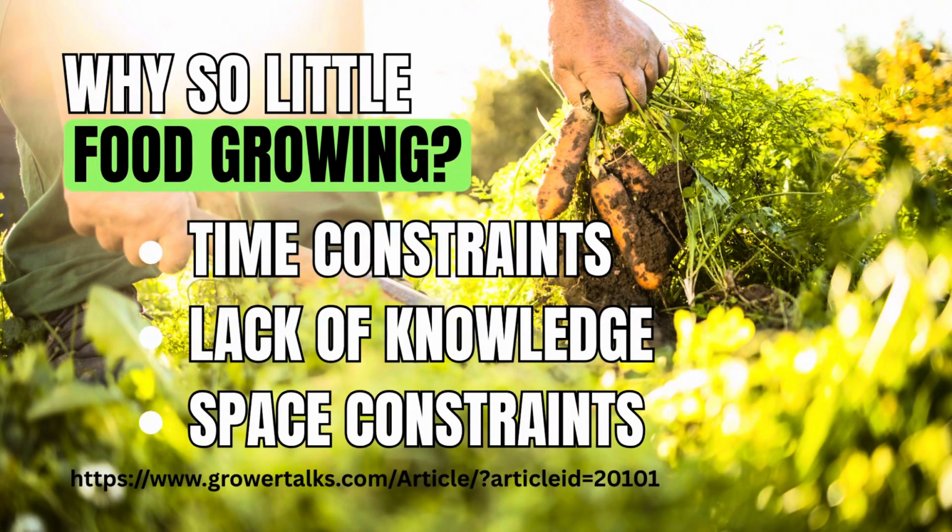So why did that study say that people were growing so little food? Well, the three top things that came out were time constraints, lack of knowledge, and space constraints. Well, everything we just talked about met all three of those, right?